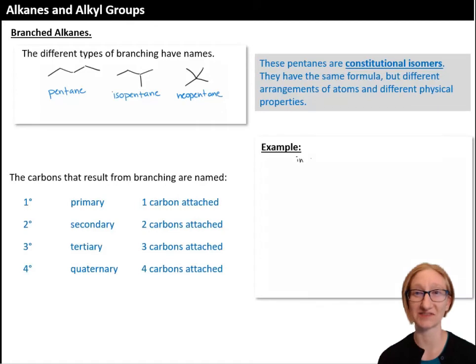So looking at a couple of examples, in isopentane, which we just saw, we'll have 3 primary carbons, 1 secondary carbon, and 1 tertiary carbon. In neopentane, we'll have 4 primary carbons and now 1 quaternary carbon.